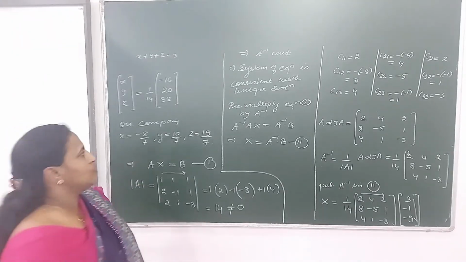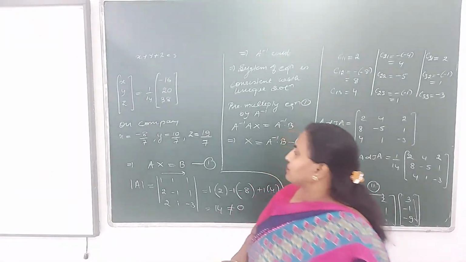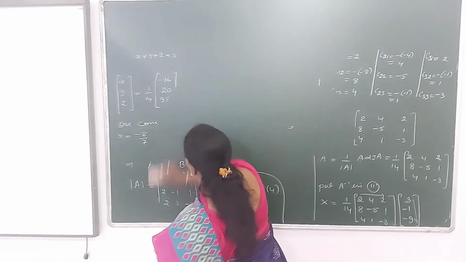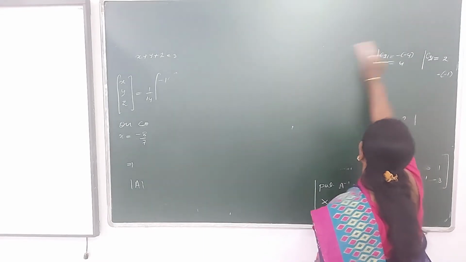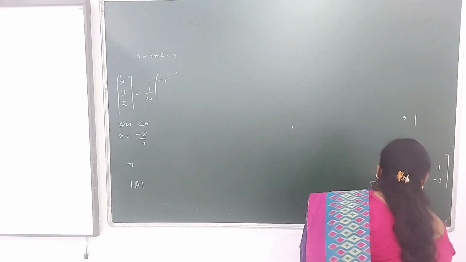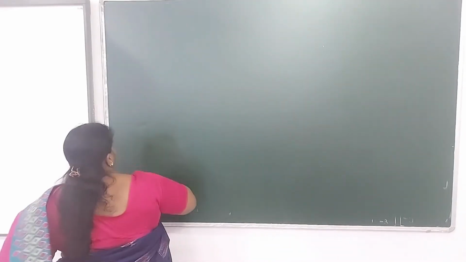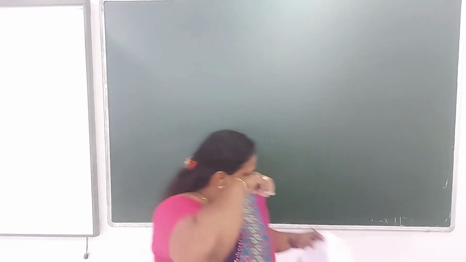Okay, so let us do another question. The next question. Question is to find, or solve, the following equation given here. The question is to find the value of x, y, z, that means solve the equations.